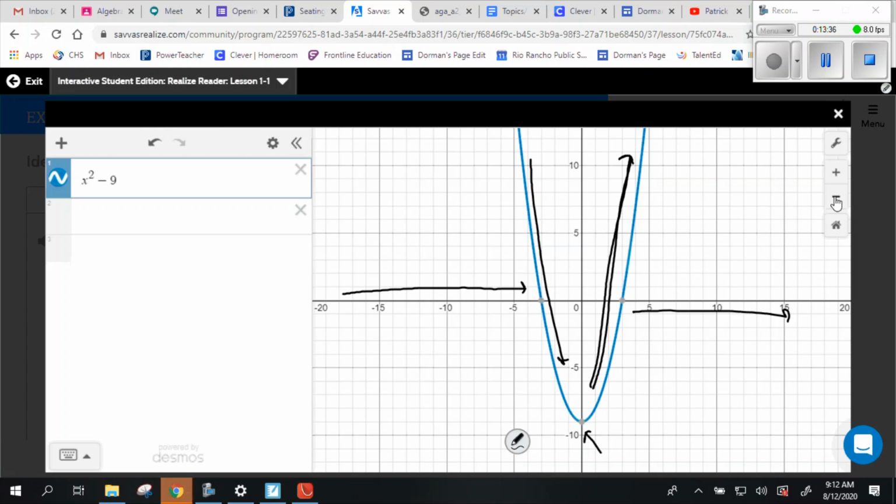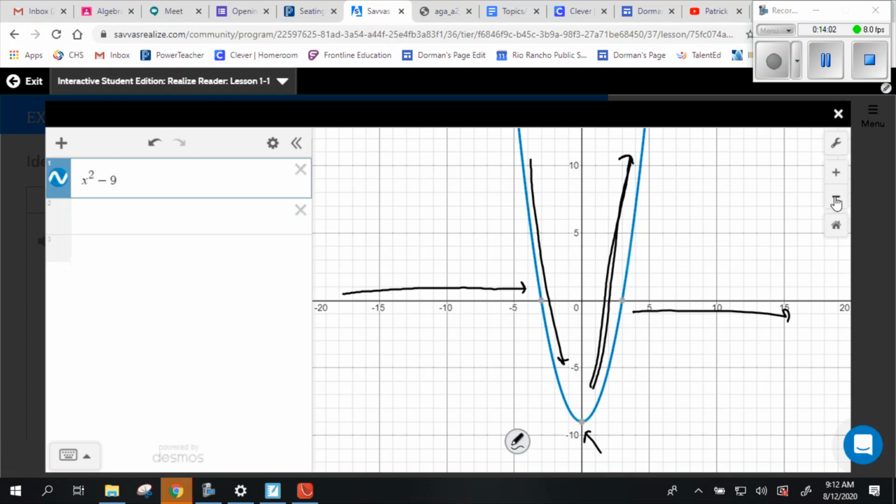way to say that. And I've noticed that from negative infinity to 0, as far as x values go, this function is decreasing. It's going down. But when we get to negative 10, we see that the values begin increasing, right? As my x values increase, the y values increase.